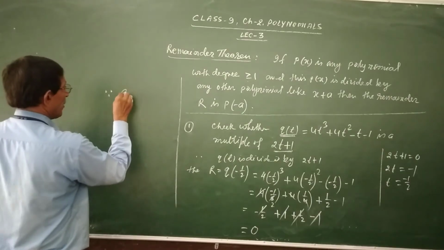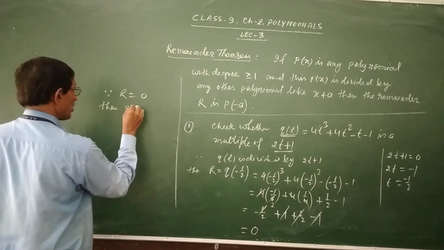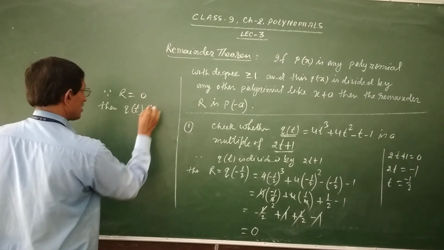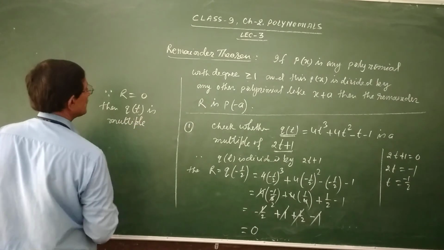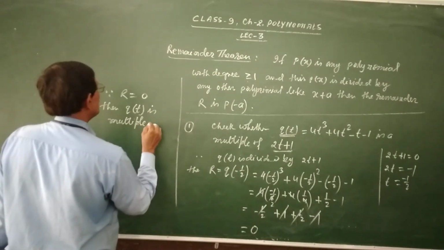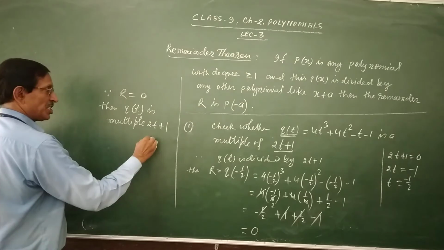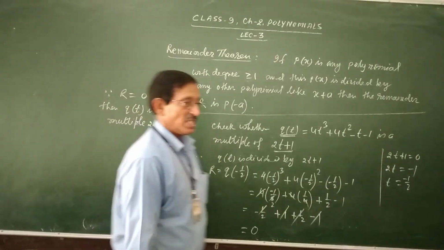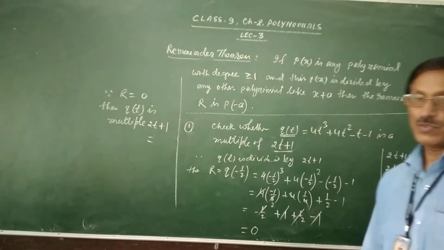So we will write here, since the remainder is equal to 0, q(t) is a multiple of 2t plus 1. In this way, we check whether any polynomial is a multiple of another polynomial or not.